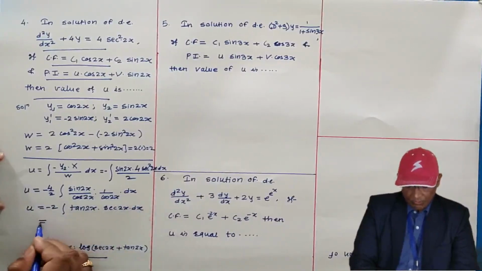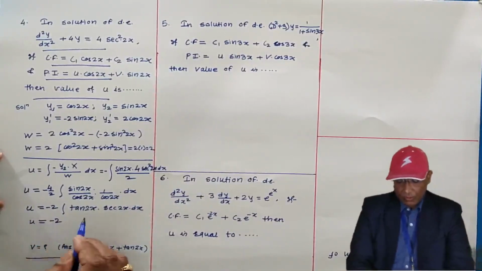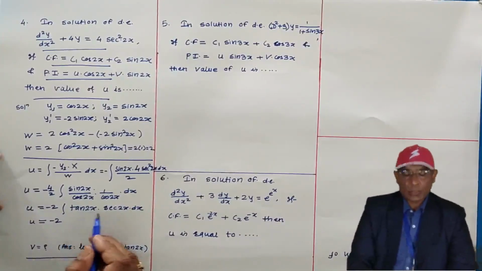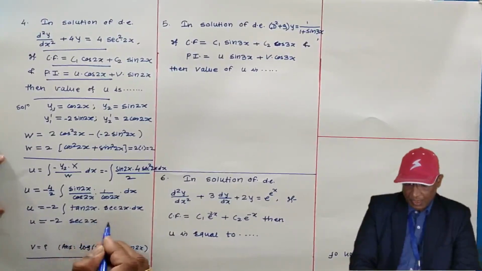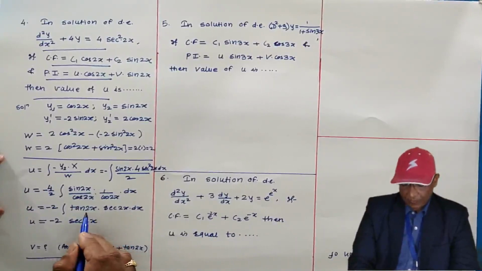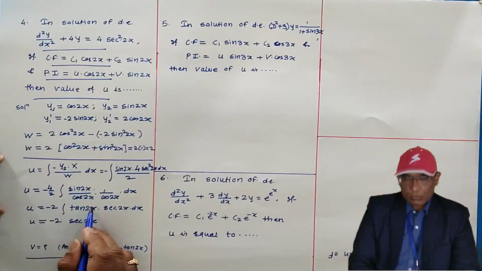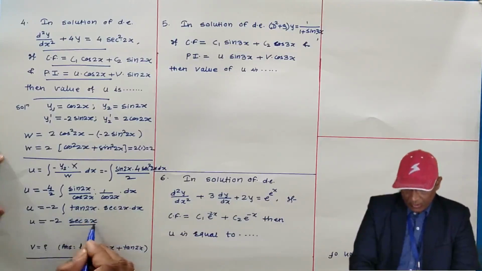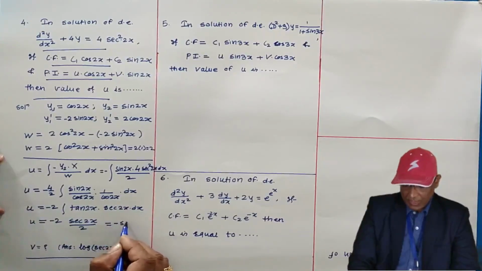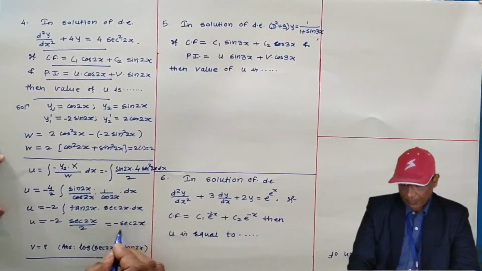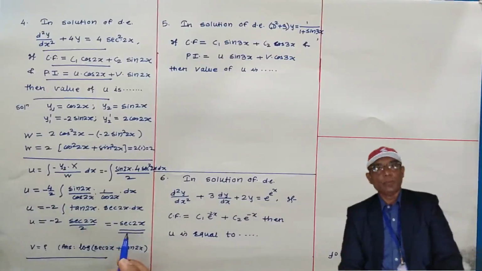Integral of tan into sec is sec. And when you take integration, the derivative of the argument 2x we have to write in the denominator, and 2 gets cancelled, so minus sec 2x is the value of u.